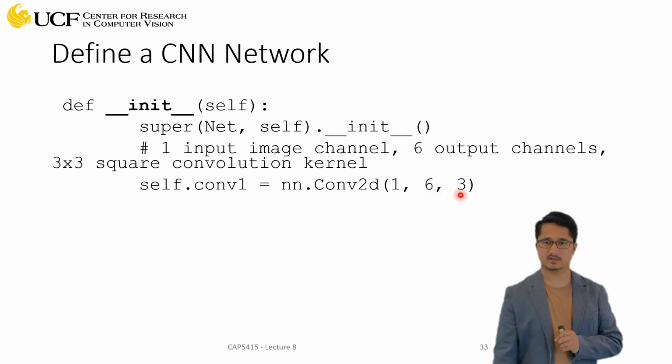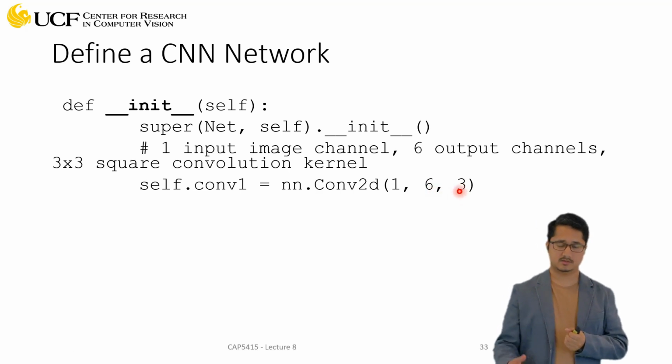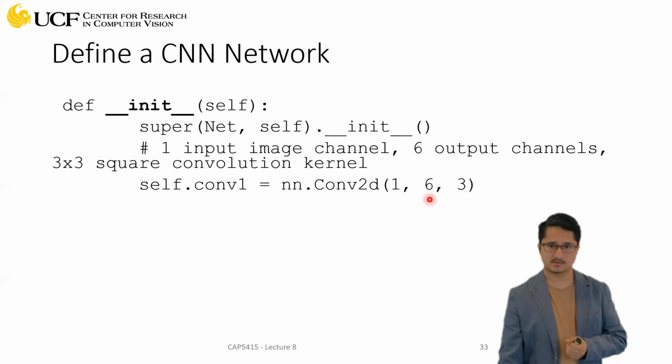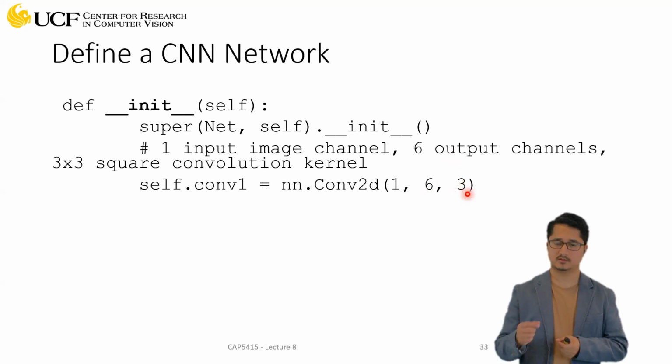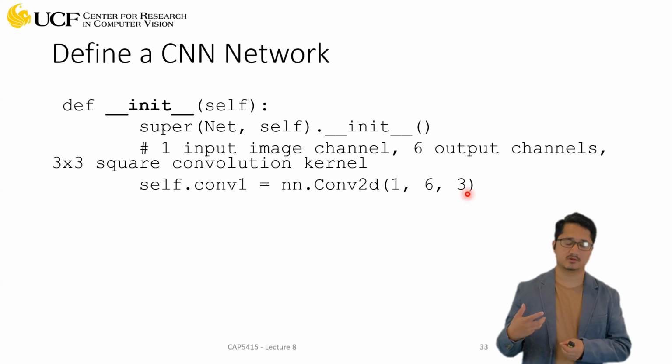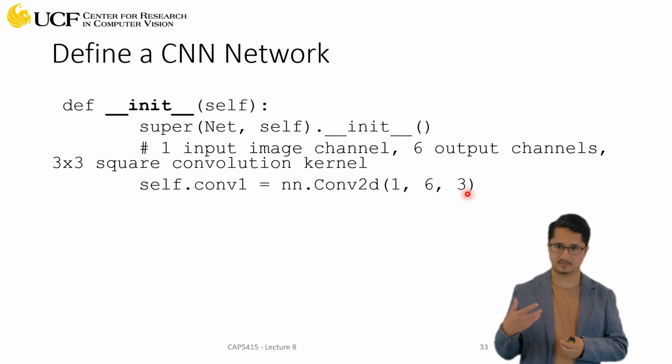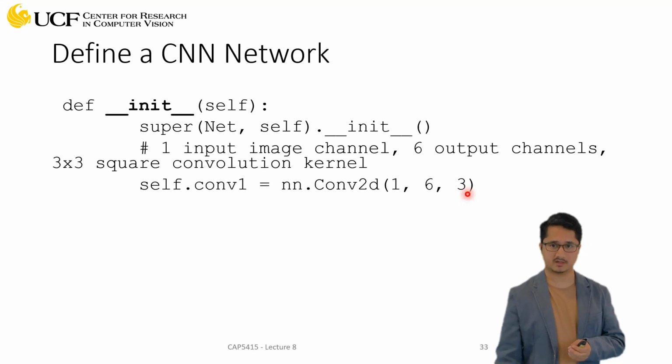The third parameter is defining the shape of the kernel. So 6 kernels, and it's saying 3, which means you're not worried about the shape of the kernel. By default, it will be a square kernel. So if you say 3, it implies 3 cross 3. You could have written 3 cross 3 explicitly here, which is also fine.